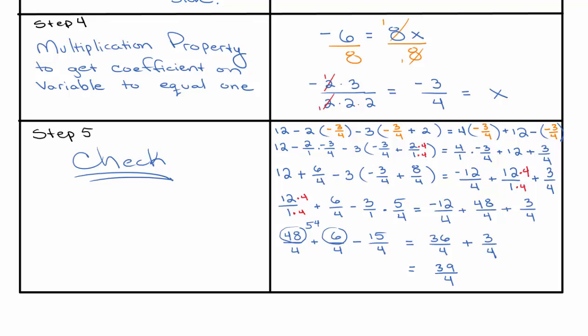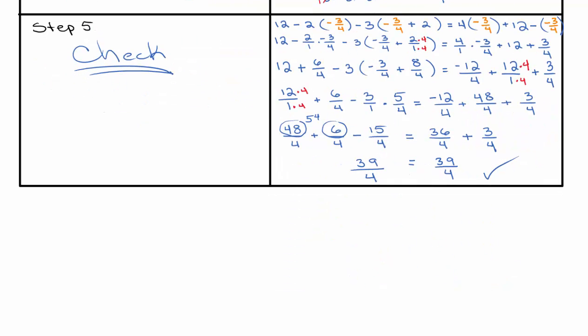And then 54 minus 15. Well, that's just going to turn out to be 39/4 as well. So it looks like the check works out nicely. So now we are confident that our final answer for this problem is going to be negative 3/4. There, negative 3/4.